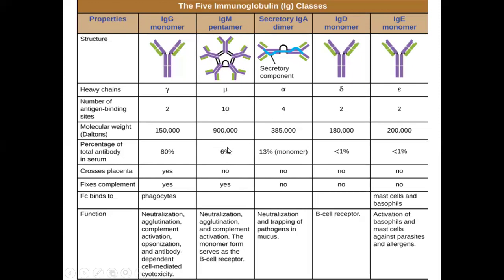That's why the amount of immunoglobulin M in the serum is only about 6%, and they are very big. That's why they can't cross the placenta, and actually only immunoglobulins G can cross the placenta. And they are the first immunoglobulins which are produced in the immune answer.